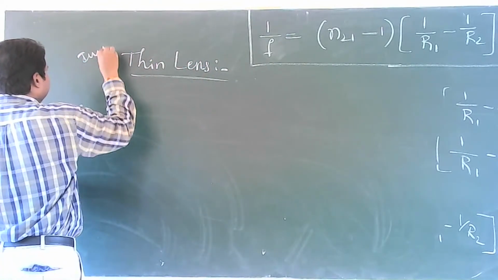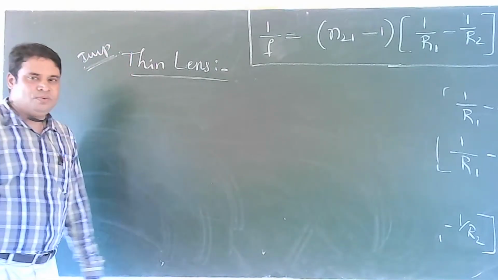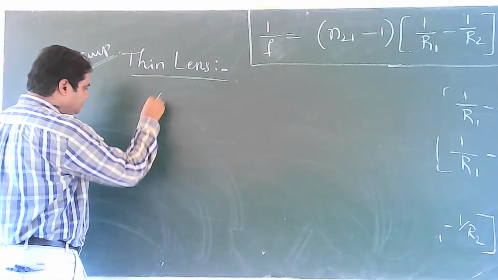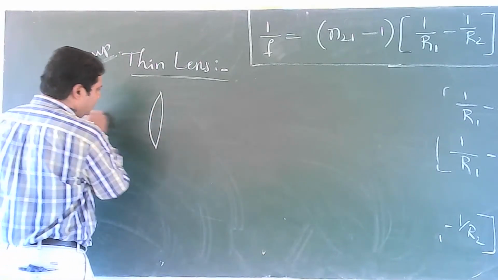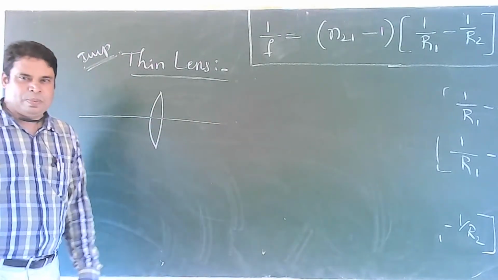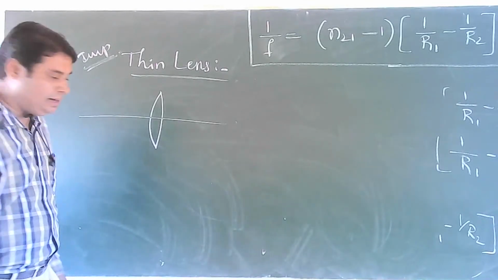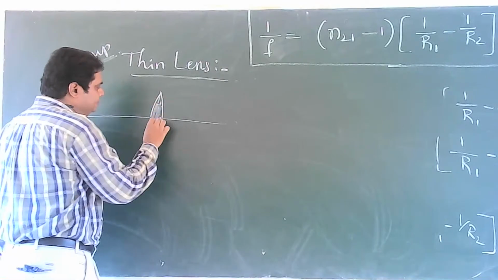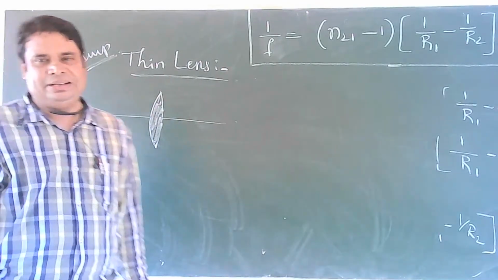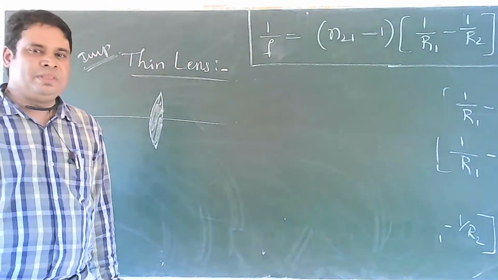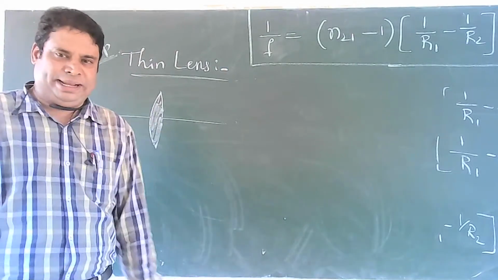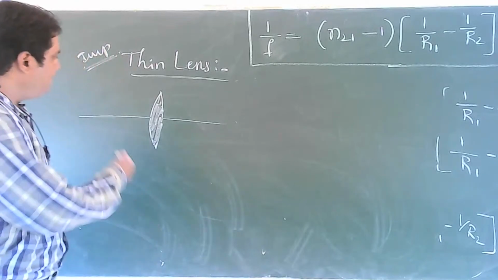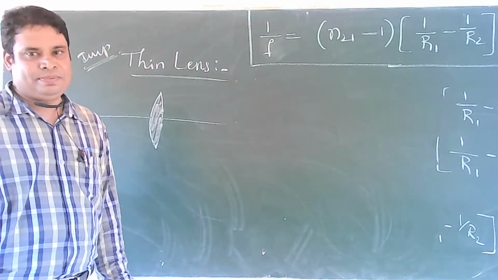Very important. This is important for the next derivation. What is thin lens? A lens whose thickness is negligible as compared to its radii, then the lens is called a thin lens.